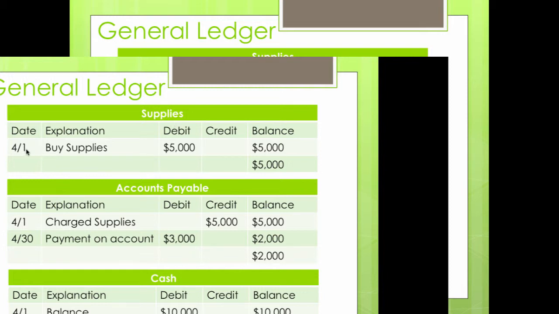That happened on April 1st. That was to buy supplies, and it was done by debiting $5,000. And then you record the balance of $5,000 for that line. Since there's nothing else to apply here, you bring down the balance at the bottom, which is $5,000.